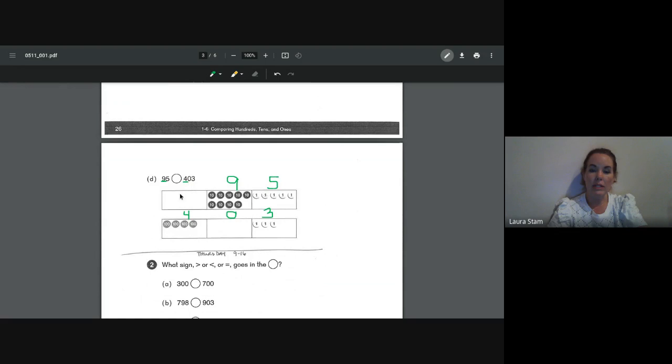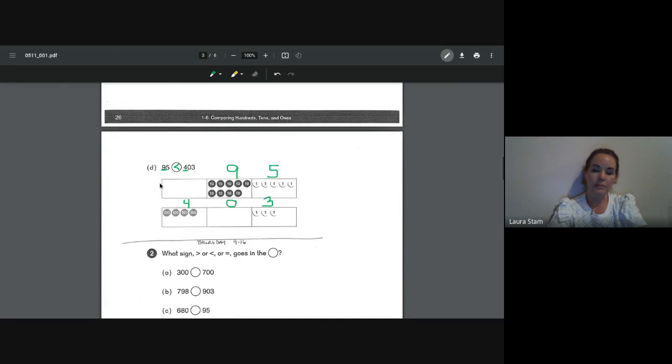And so what you really see is you're comparing 4 with nothing, and 4 and nothing is a lot smaller than 4. So 95 is less than 403, not the other way around. So don't let these kinds of problems trick you. If you have a 2-digit number, it means you're missing the hundreds. And so the 100 will always trump a 2-digit number as far as greater than.